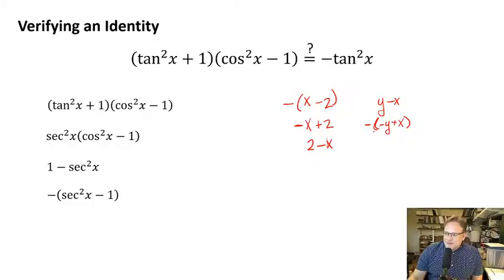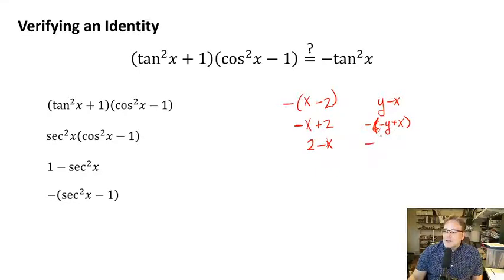If you're not convinced of this, let's go back in reverse by distributing this negative sign. A negative times a negative y is just going to be a positive y. Okay, so we're good there. Then we have a negative times x, well, that's just negative x. So what we did is the distributive property in reverse.